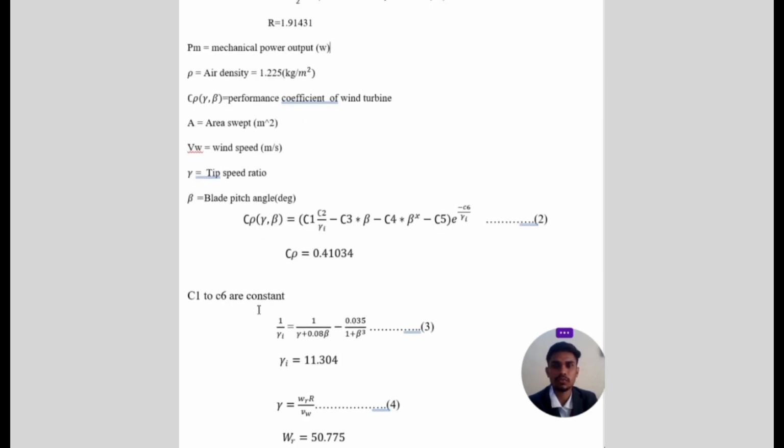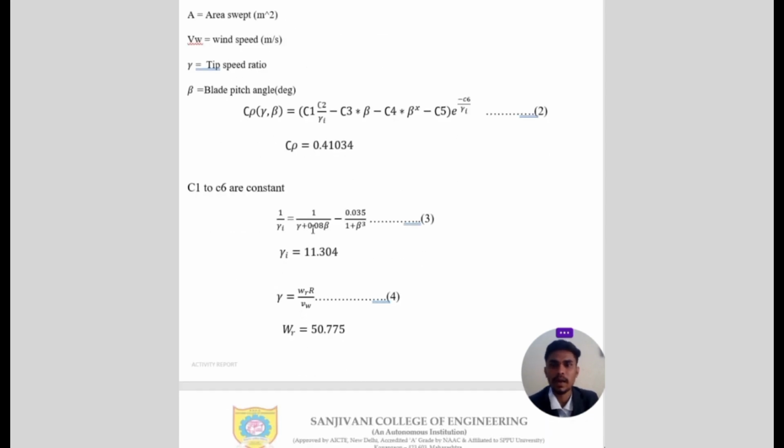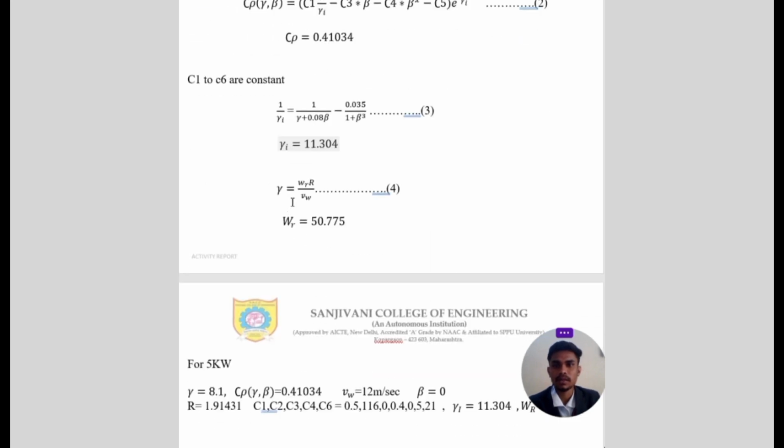C1 to C6 are the constants. Then 1 by gamma I equals 1 by gamma plus 0.08 beta minus 0.035 upon 1 plus beta cube. We get the value for gamma I, and that is 11.304.